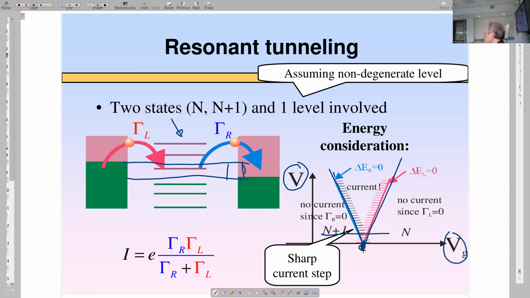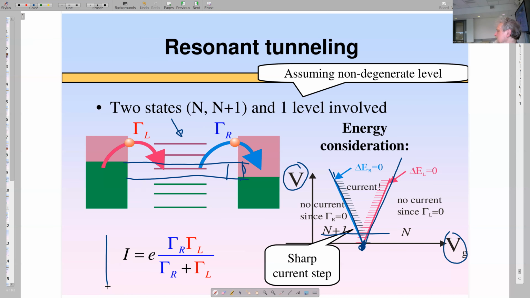How much current? That's rather simple to figure out. I believe we did it in the homework, something very similar, which I explained on Tuesday. So we have stochastic electron transfer through the left junction and right junction.